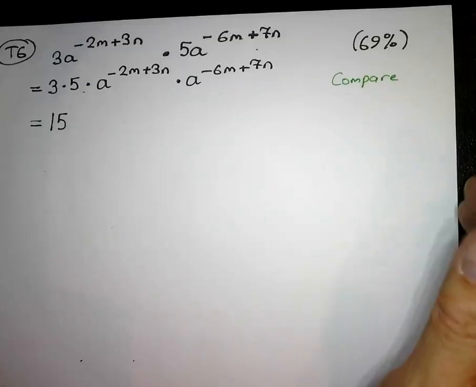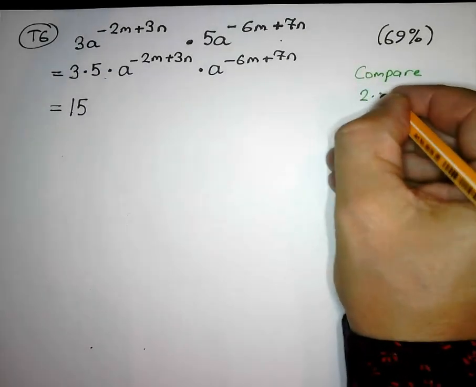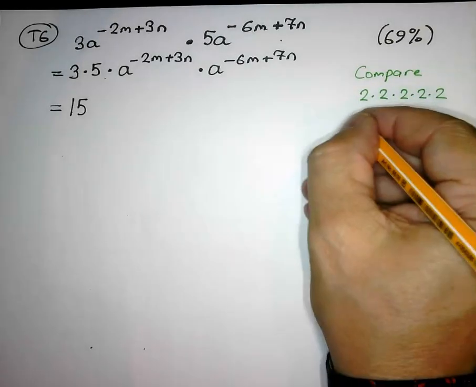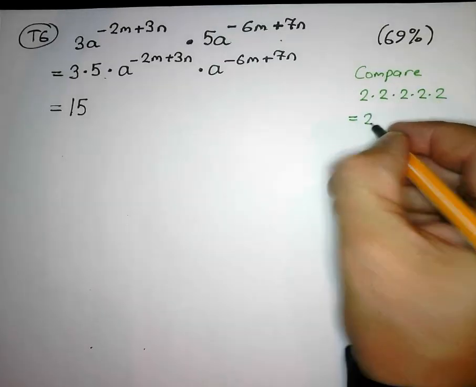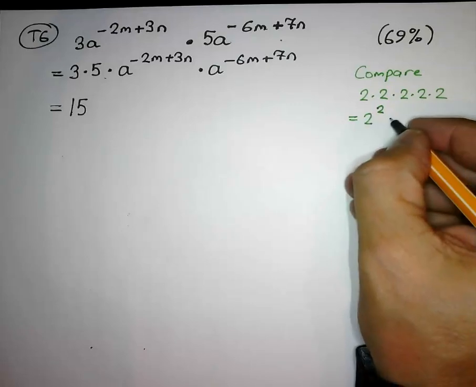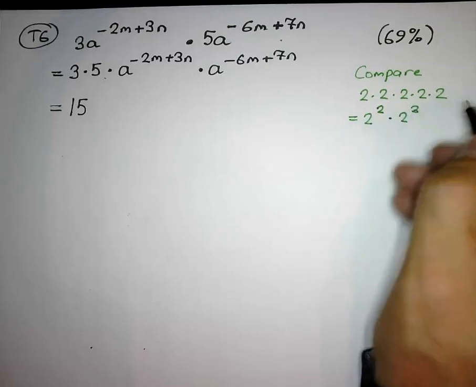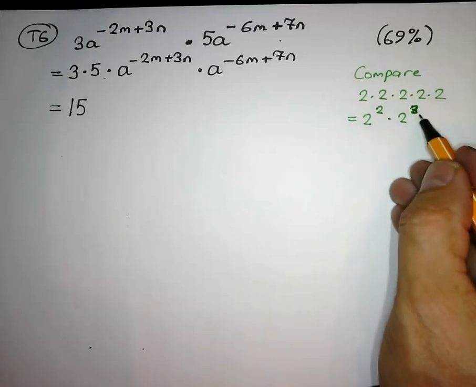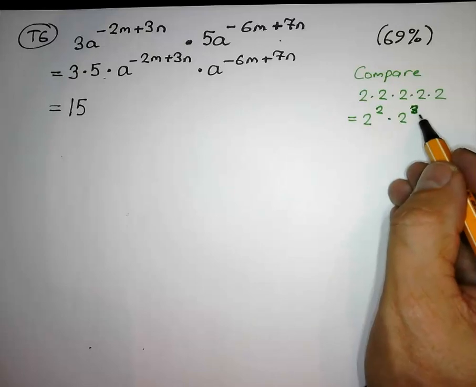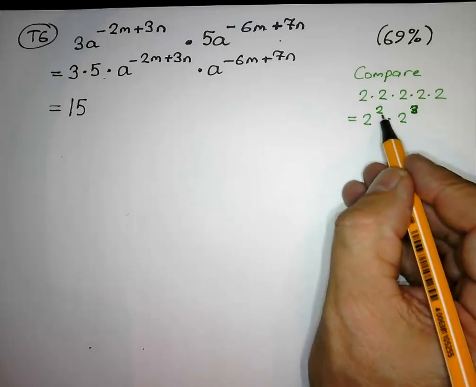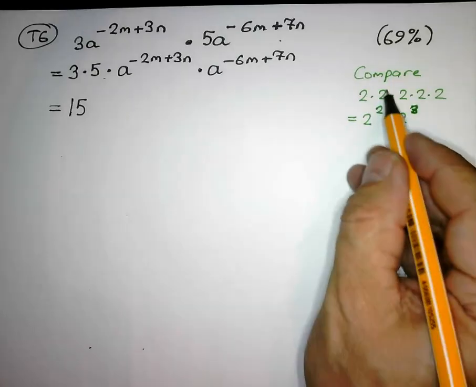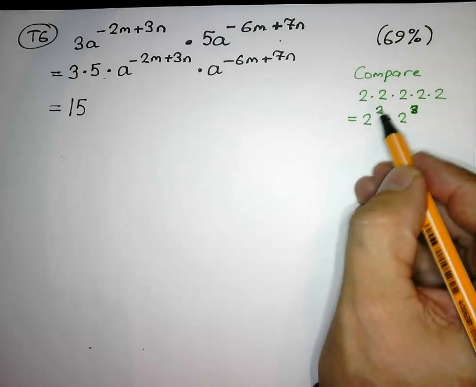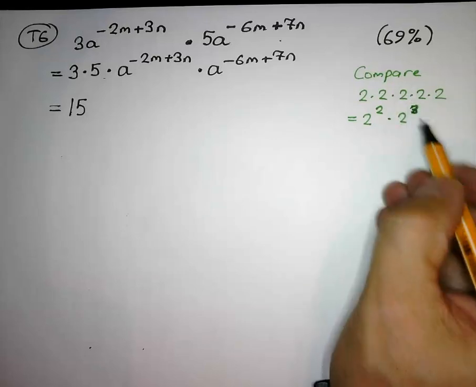For example, if you have 2 times 2 times 2 times 2 times 2, you may write this as 2 to the power of 2 times 2 to the power of 3. Sorry, 3. I hope you see that this is number 3, 1, 2, 3. So the first part becomes this, and these 3 become this.